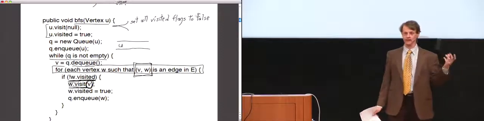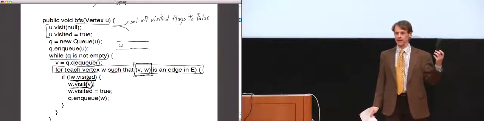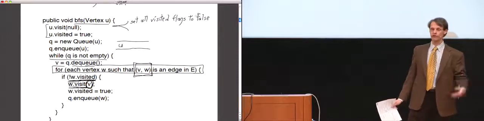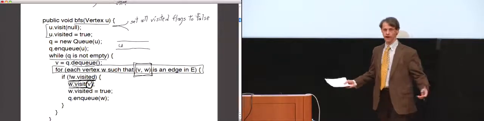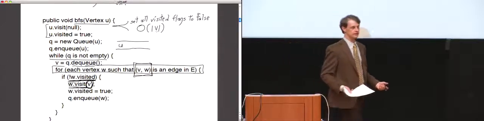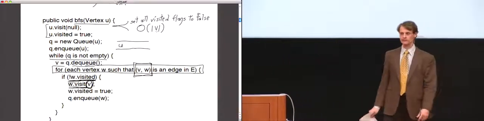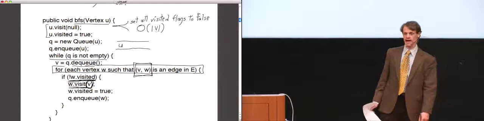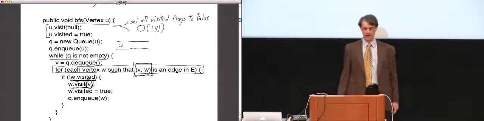However you do it, you have to come up with a set of visited flags and make sure they're all false before you can run breadth first search. And no matter how you do it, that's going to take big O of V time. It takes big O of V time just to get V flags that are all set to false, because the breadth first search needs that. So that's pretty much the only reason why it takes V time.